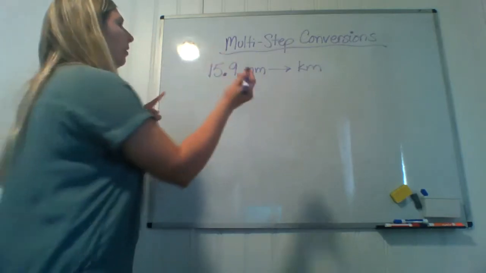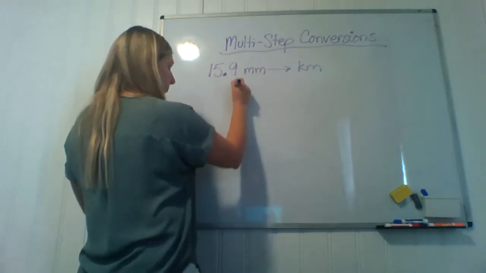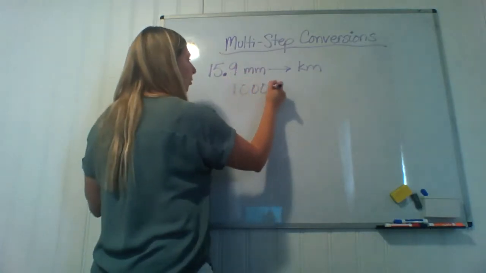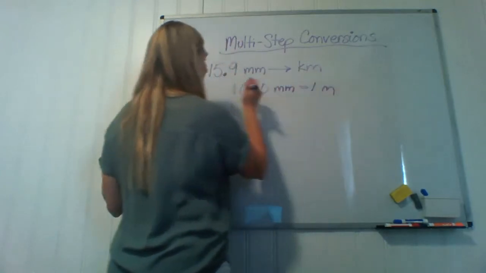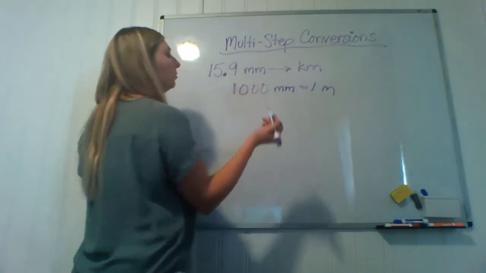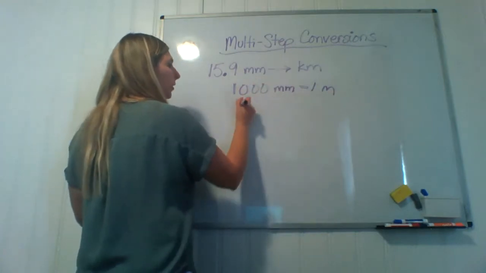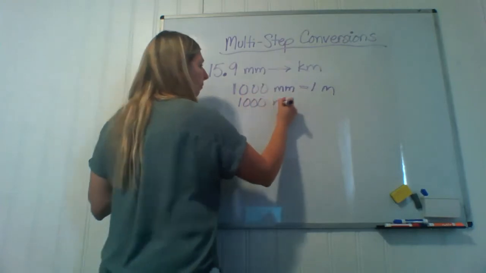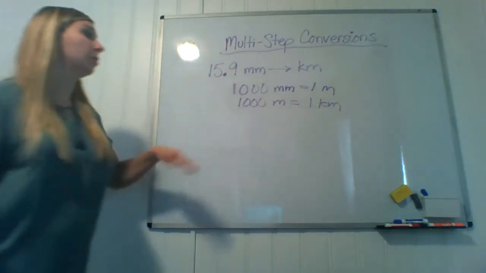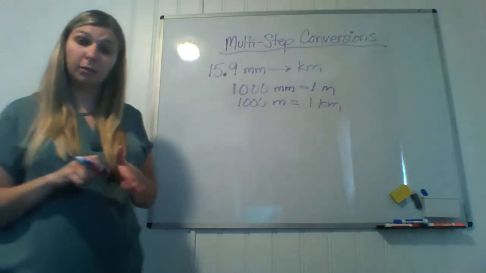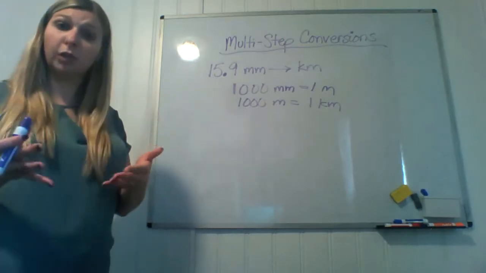We know that there are 1,000 millimeters in 1 meter, right? And we also know that there are 1,000 meters in 1 kilometer.